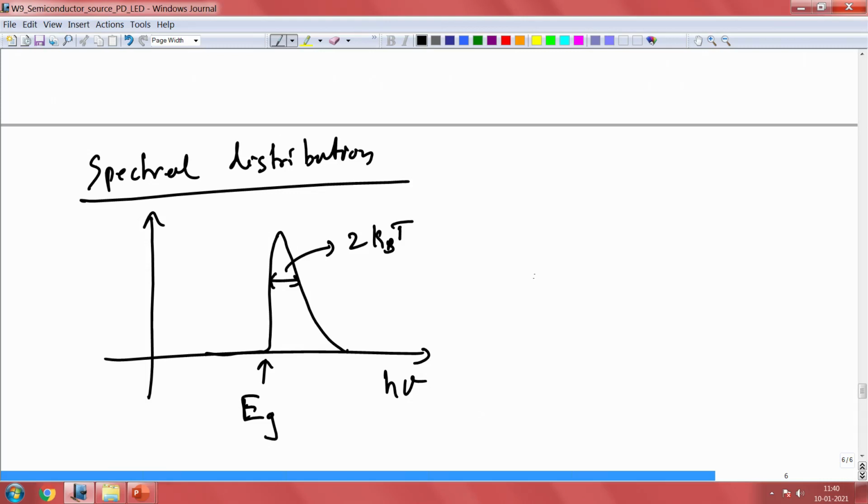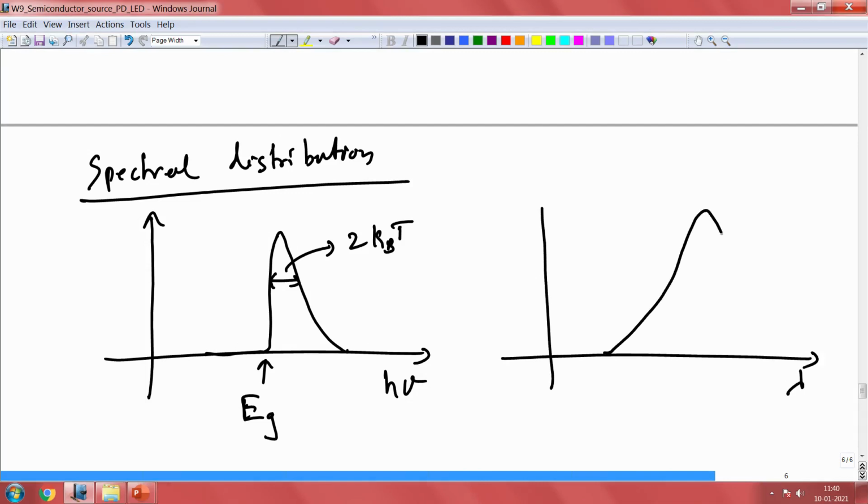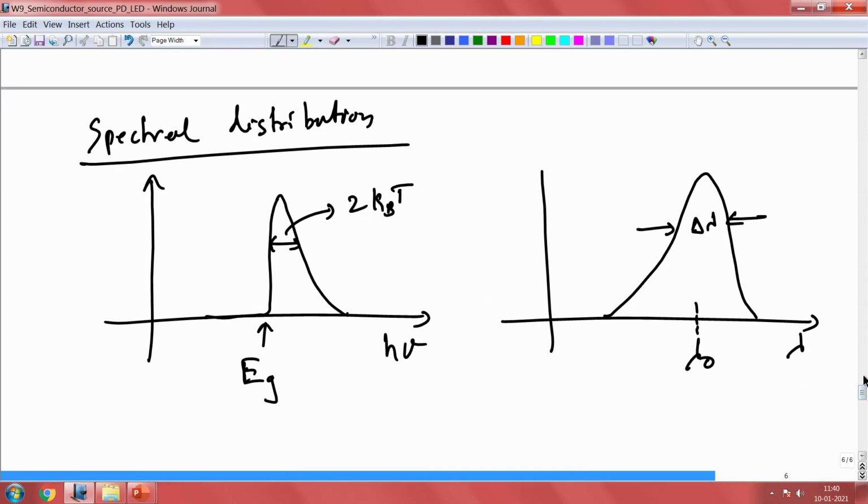Okay. In wavelength domain you could have something like this. It is going to be asymmetric, right. That asymmetry, and this is your lambda naught, is coming from the density of states that is distributed in here. In the band edge you will have the density of states that determines how your transitions are.